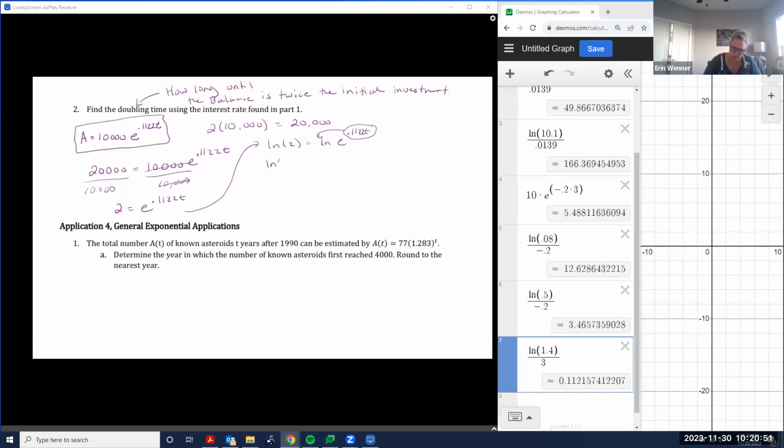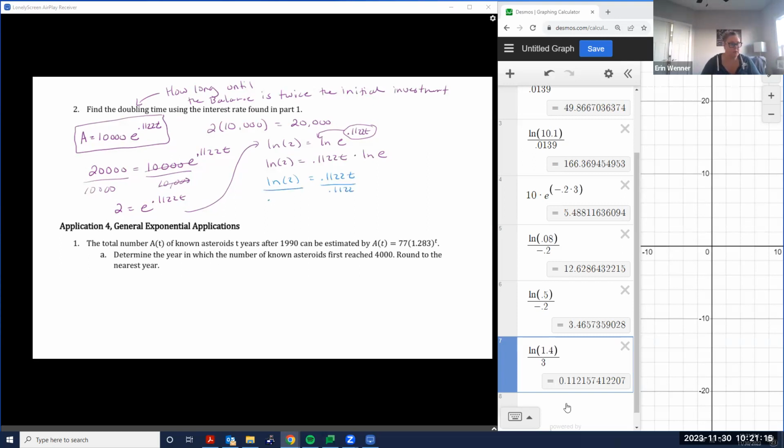Drop the ln of e part because again, it equals 1, right? So we'll have the natural log of 2 is equal to 0.1122t. Divide both sides by 0.1122.